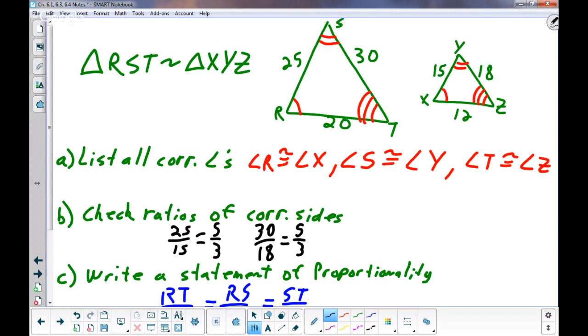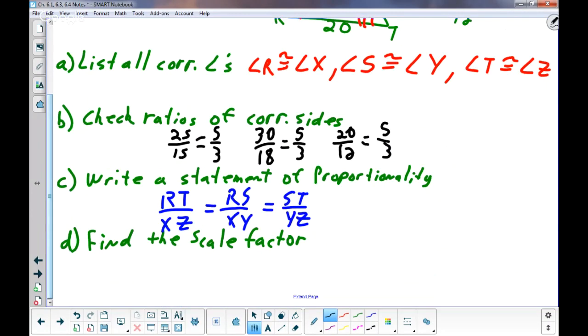And if you do RT to XZ, that's 20 over 12. Divide all those by 4, you get 5 over 3. So you'll notice that each one of these ratios all reduces to 5 over 3, 5 over 3, 5 over 3. So since the ratios are the same, and the angles are congruent, as we know, the similarity statement is going to be holding true.